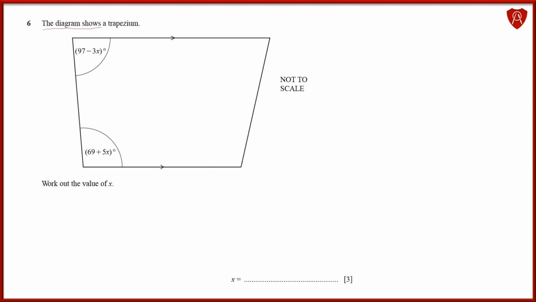The diagram shows a trapezium, with two parallel sides and two lines which we could call transversals. Work out the value of x.